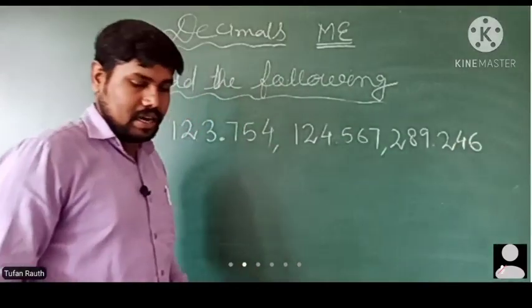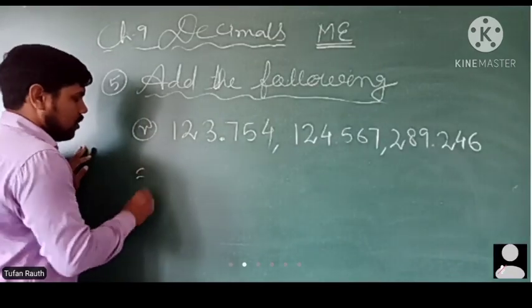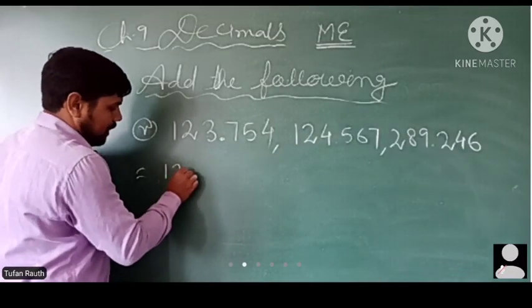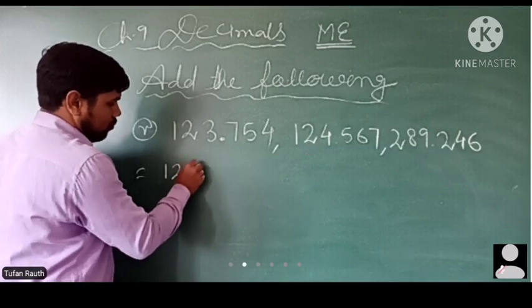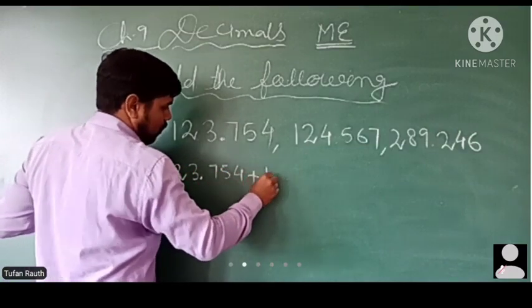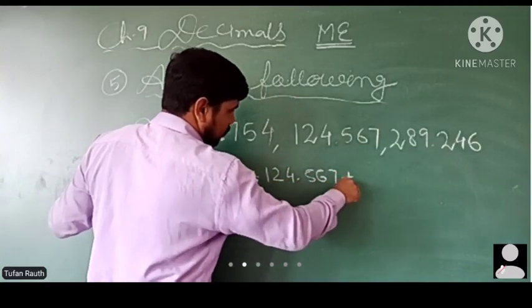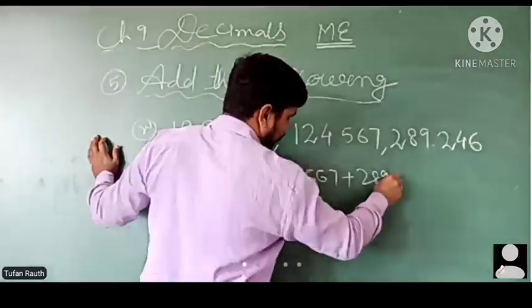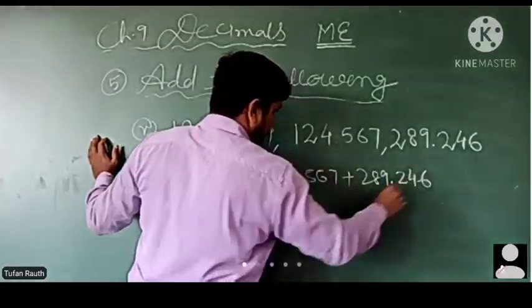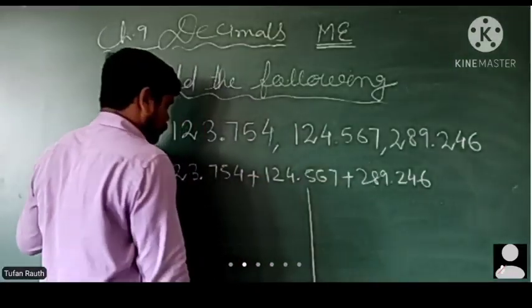These are the three numbers given, and you have to add them all. Very simply, we will add them like normal addition: 123.754 plus 124.567 plus 289.246. So let's do the addition.